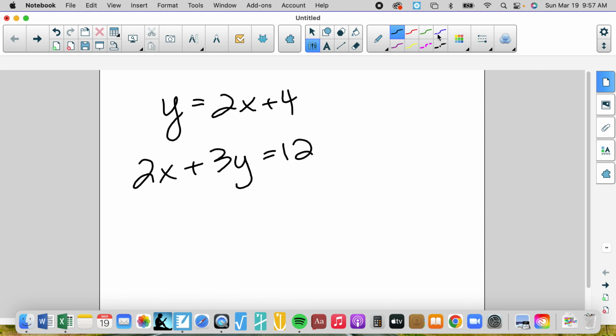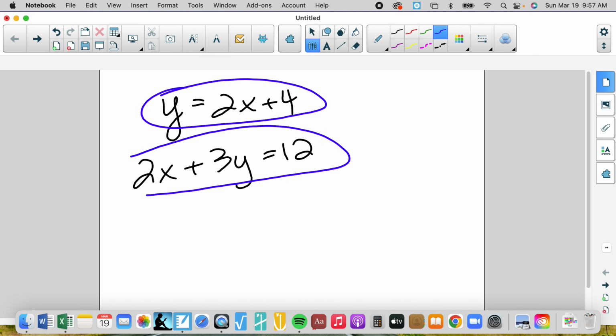And as we know, there are an infinite number of solutions for this equation, and there are an infinite number of solutions for this equation. And because there are two variables, the solutions can be shown in coordinate form.